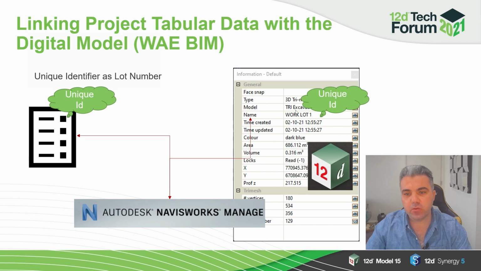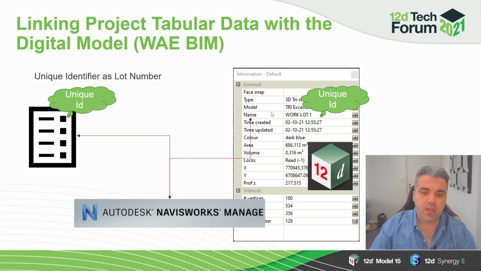For example, here we've got work lot number 1, and on the left hand side, you've got the tabular data, which can be Excel or SQL, and it has the same work lot and all the associated information for that work lot in that database. Then what you do is use data tools in Navisworks Manage, and it will combine the tabular data with the work as executed BIM.